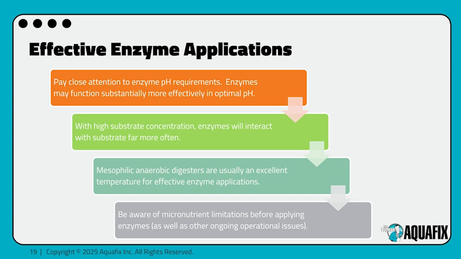Basically, you need a healthy methanogen population for enzymes to operate efficiently, because they're going to be producing more substrates for the methanogens to work with. But if you don't have enough metals or there's something else hindering the methanogens, you're just producing more substrate and the methanogens won't necessarily use it any more quickly. So typically, it makes a lot of sense to look at the micronutrients before you consider applying any enzyme in a digester.